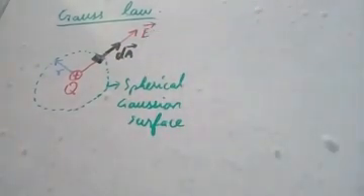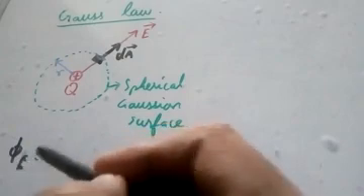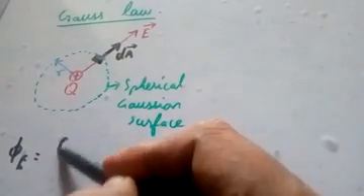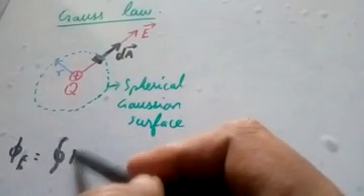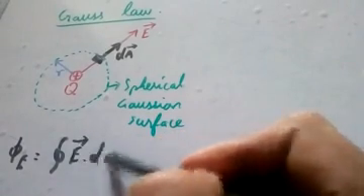Now let us see what is the formula for electric flux. The electric flux formula is phi E equals, in this case, closed integral of E vector dot dA vector.